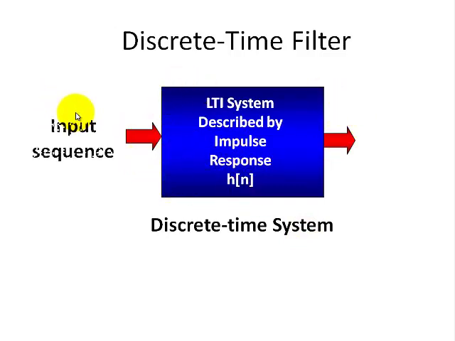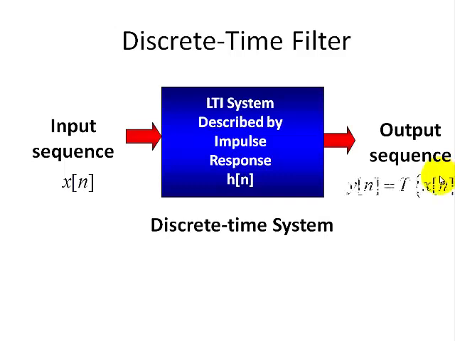So what we have is an input sequence described by x sub n and an output sequence described by y sub n. y sub n is related to the input sequence through some operation T that I talked about earlier. So this is what we mean by a discrete time filter.